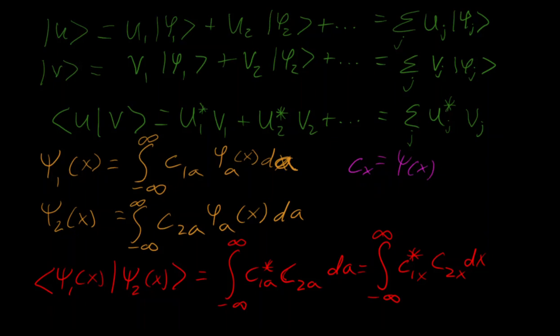So C1x would be psi 1 of x, C2x would be psi 2 of x, right? So this inner product can be written as the integral from negative infinity to infinity of psi 1 star psi 2 dx, right?